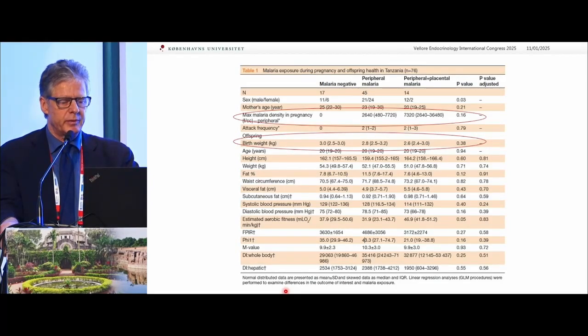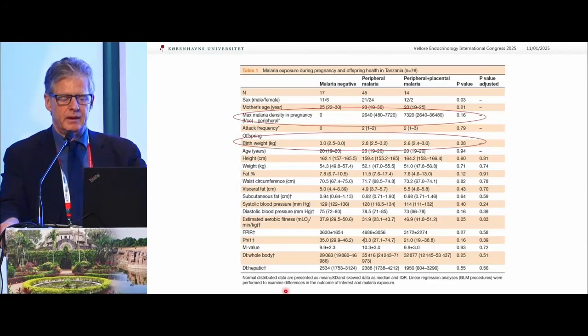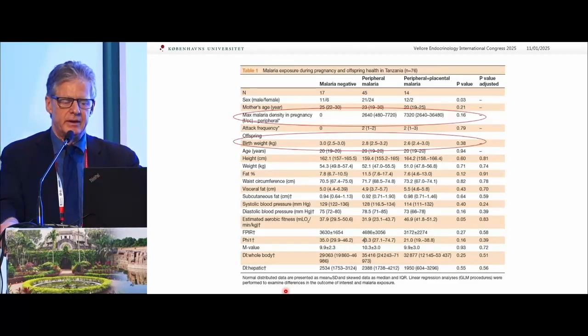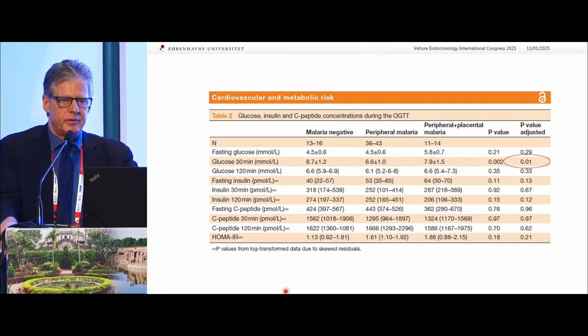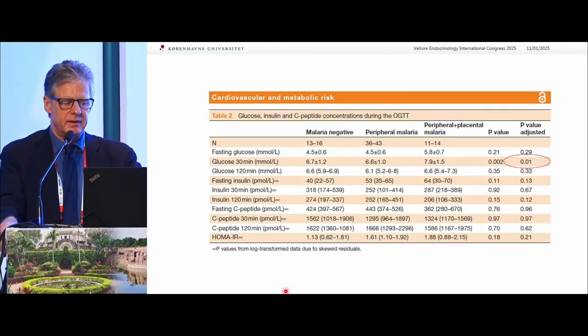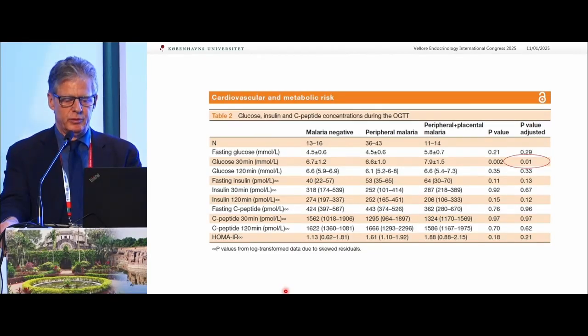And when it came to birth weight, there seemed to be a tendency towards lower birth weight in the group with peripheral and placental malaria compared to the other two groups, but again, it did not reach statistical significance. But when it came to results from the oral glucose tolerance test, we could show that at 30 minutes there was a higher blood glucose level in the peripheral and placental malaria group compared to the two other groups.